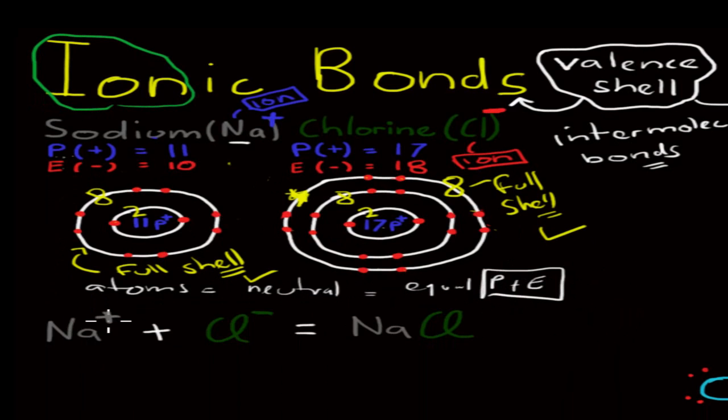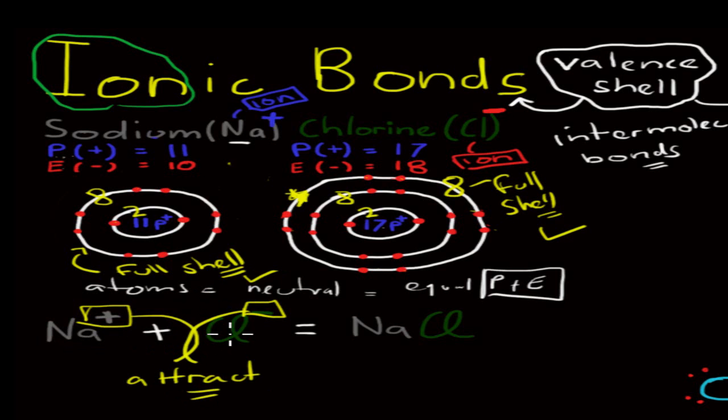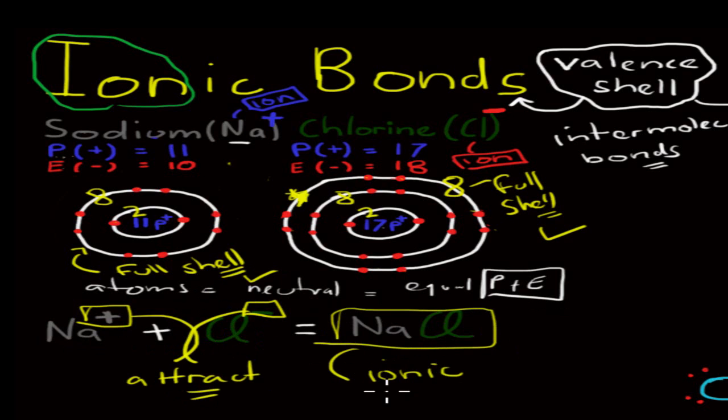And what's going to happen is this positive charge and this negative charge are going to attract, because opposites attract. So once this whole thing happens, these two will then stay together. So sodium and chlorine will be attracted together, and these will no longer leave each other. And that's what we call an ionic bond. And it happens between these opposite charges.